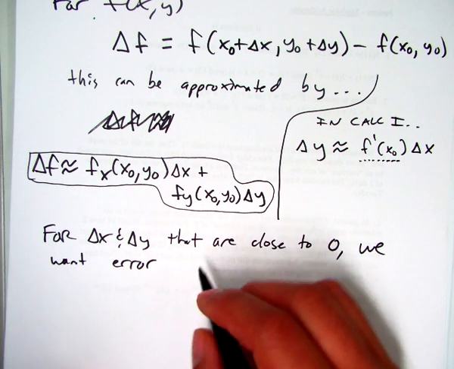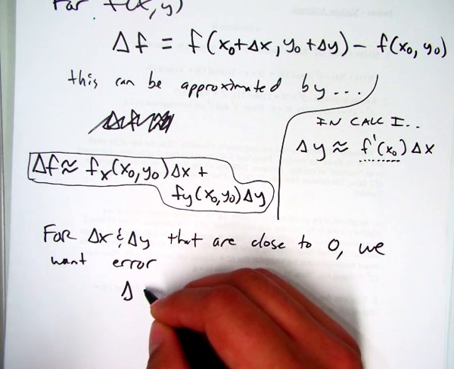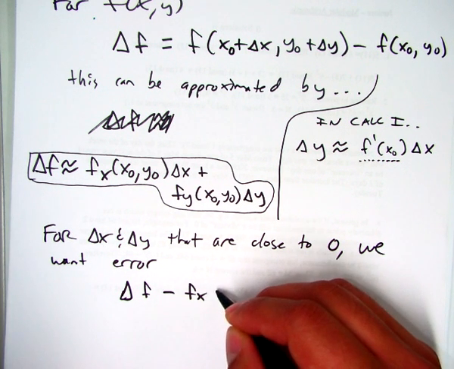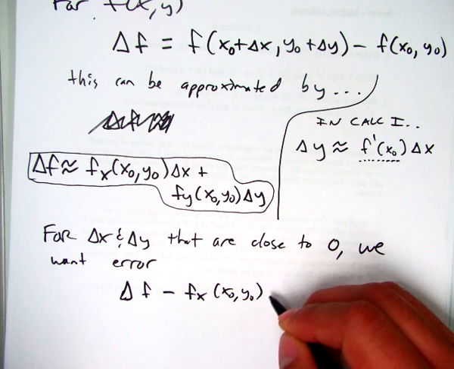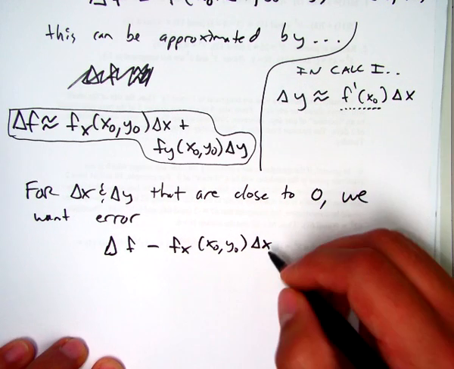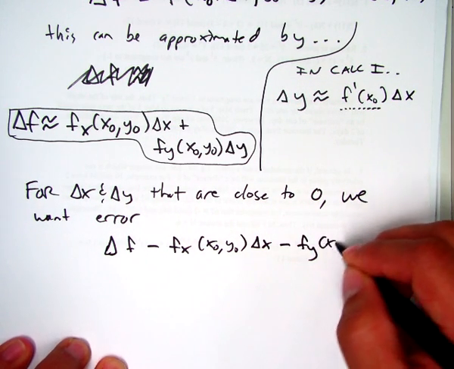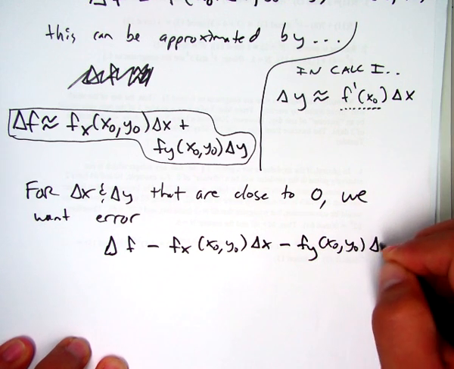We want the error of delta f, which is the real change in f, minus the approximation, so minus partial x, evaluated at the point, times delta x minus partial y, evaluated at the point, times delta y.